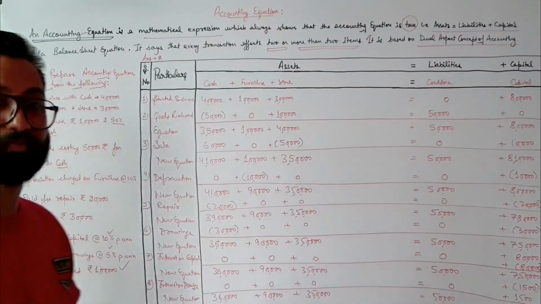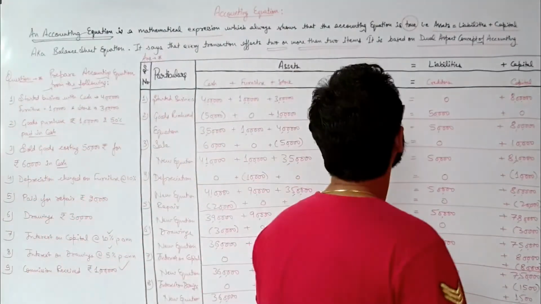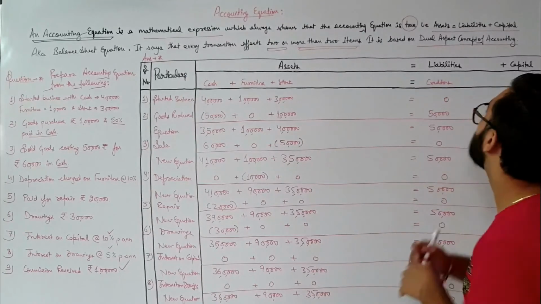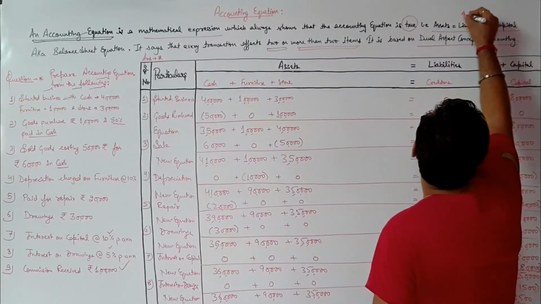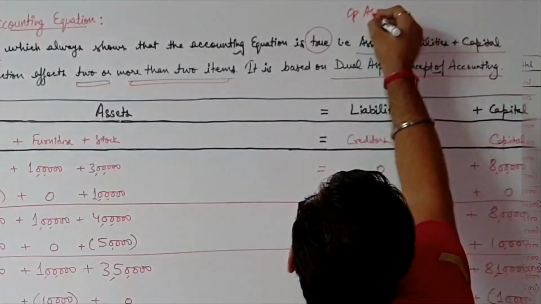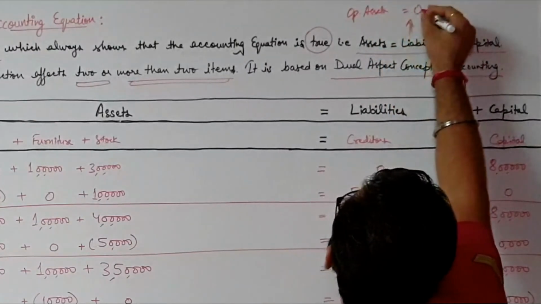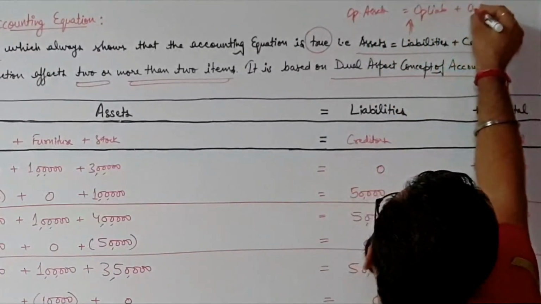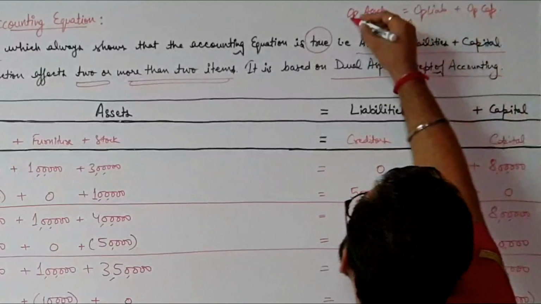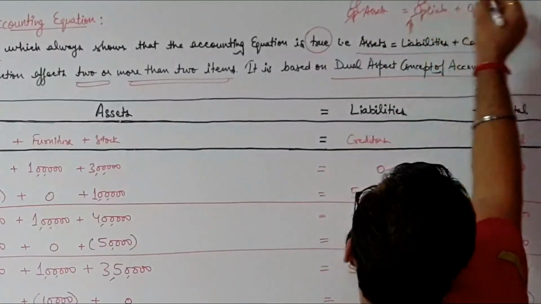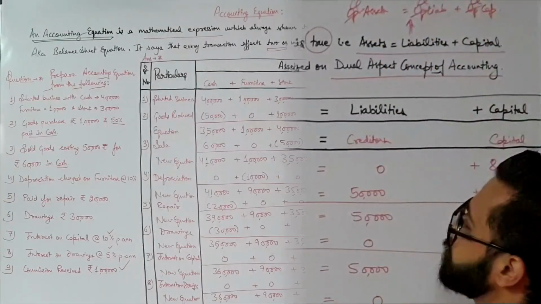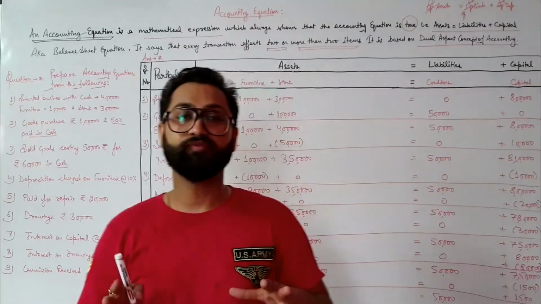It is as simple. Now you have to understand one thing also, that this formula can also be used as opening assets equals opening liability plus opening capital, or closing assets equals closing liability plus closing capital. So that's it for accounting equation.